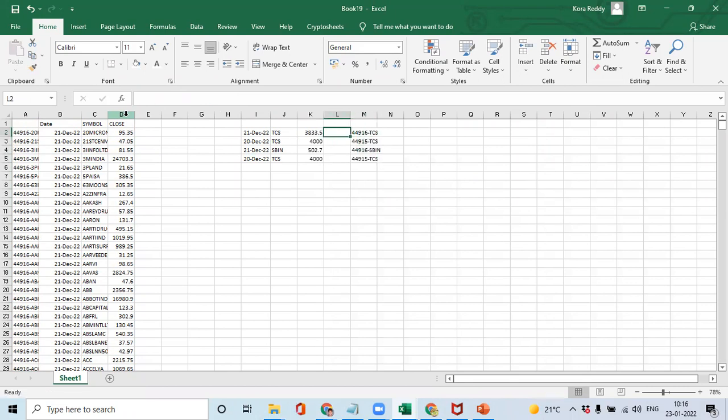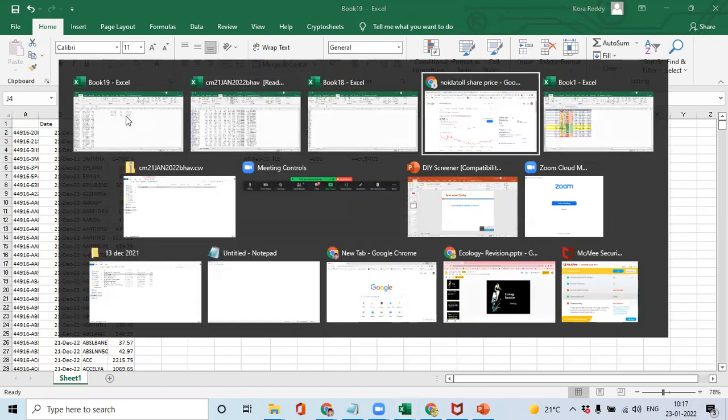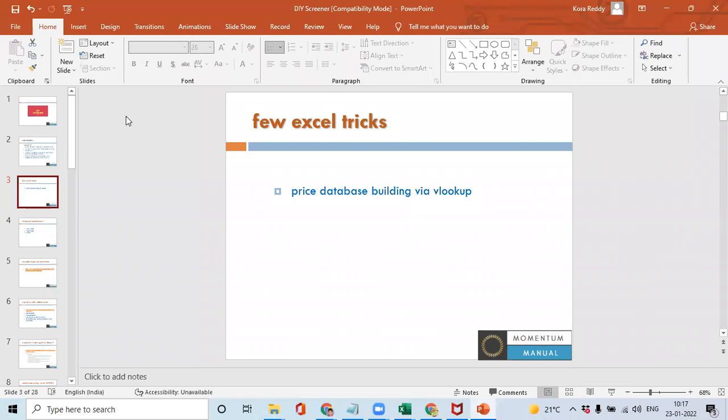So that's how I get the price for different days. That's one small Excel hack, and if you're already aware of it, it's fine. Otherwise, that's what I use.